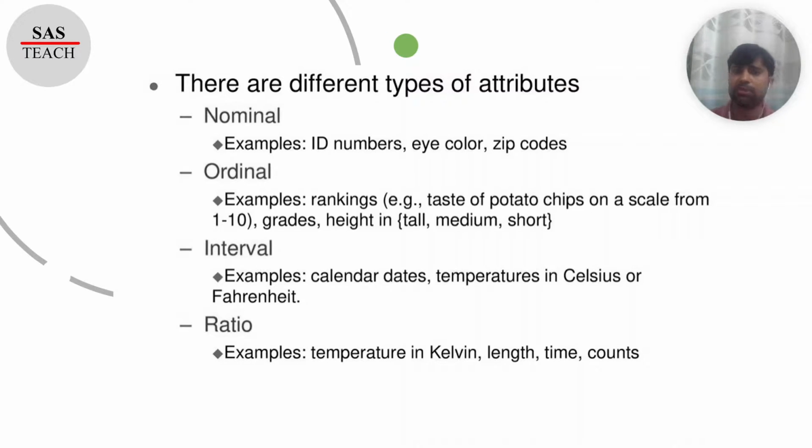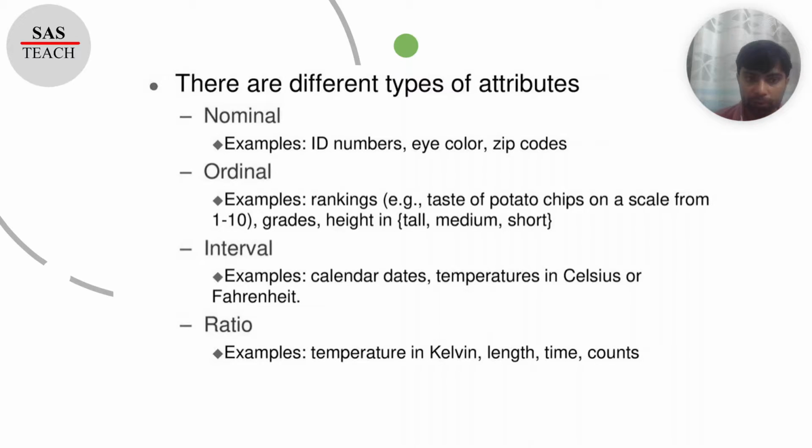For example, the taste of potato chips on a scale from 1 to 5. In statistics, when we give a score to something, we have the Likert 5 scale that goes from strongly agree to strongly disagree. These variables belong to ordinal attributes.